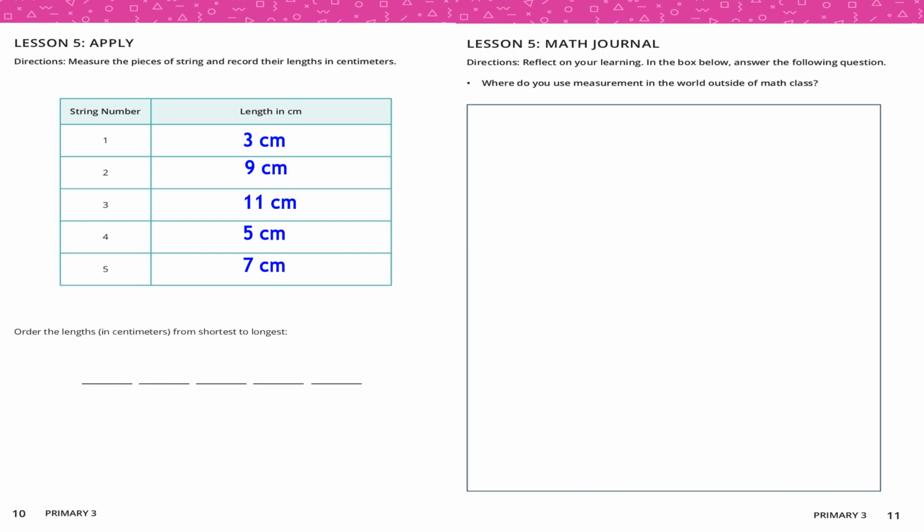He is asking me to order the length in centimeter from the shortest to the longest. It means from the smallest number to the greatest number. So which order? Ascending order. So we will write 3, 5, 7, 9, 11.